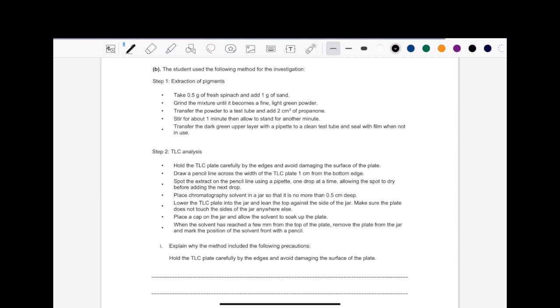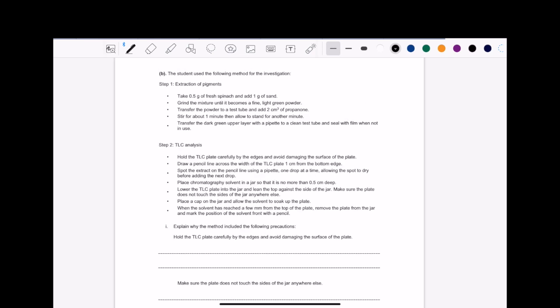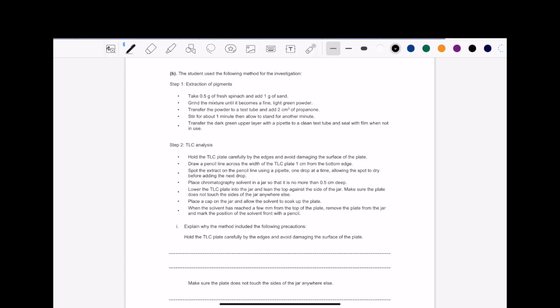Okay, next question gives you a method, and then you have to explain why those precautions were included. So my technique or method to do this is, I would say, read the statement first, and then read the method, because in that way you know what you're kind of looking for, and you can start to make reasons in your head.